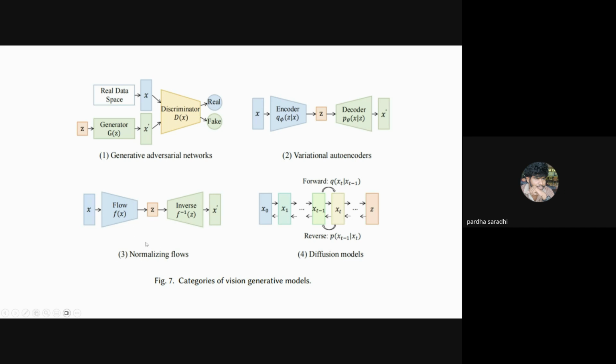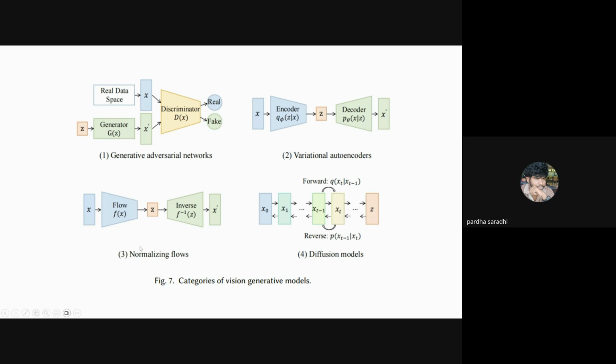And this is normalizing flows. These models simply rely on transforming simple distributions into complex ones through invertible transformations, allowing precise control over the generation process. So even this is some sort of encoder decoder model, and this will go hand in hand with variational autoencoders.